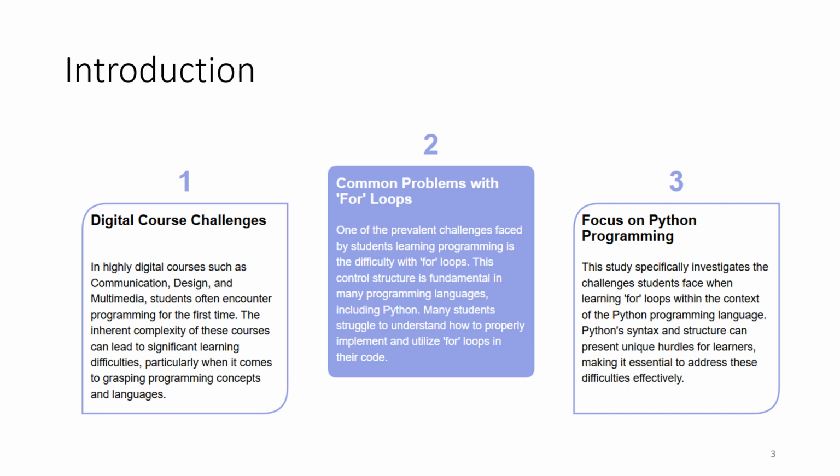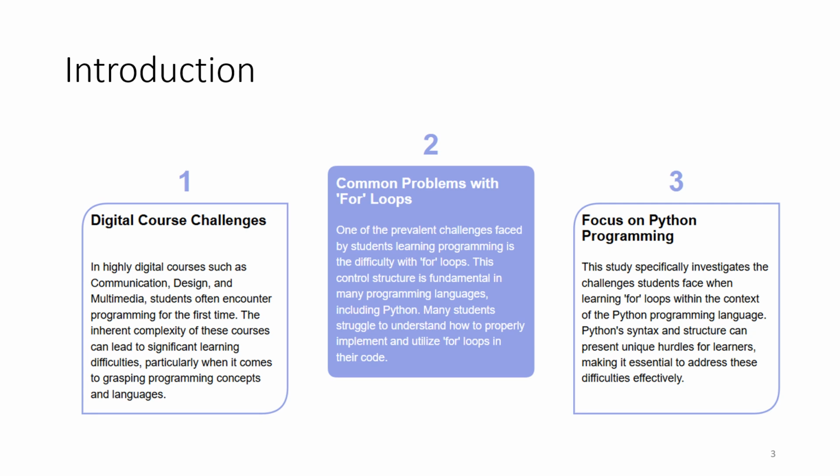One of the prevalent challenges faced by students learning programming is the difficulty with for loops. This control structure is fundamental in many programming languages, including Python. Many students struggle to understand how to properly implement and utilize for loops in their code.